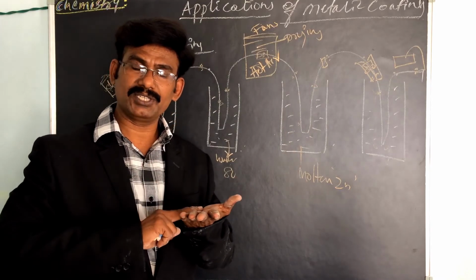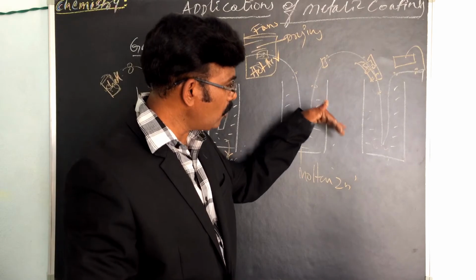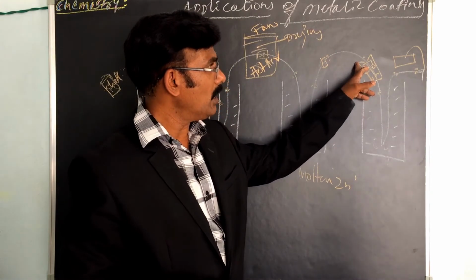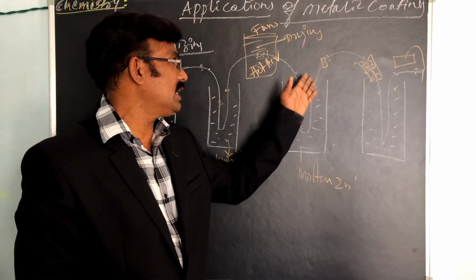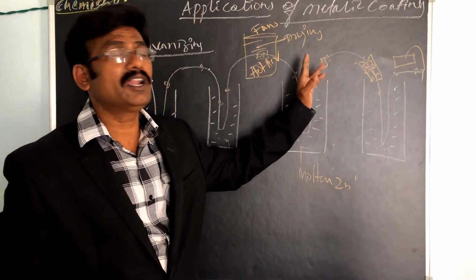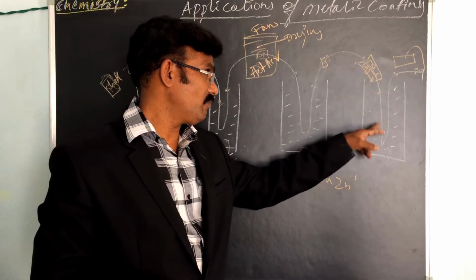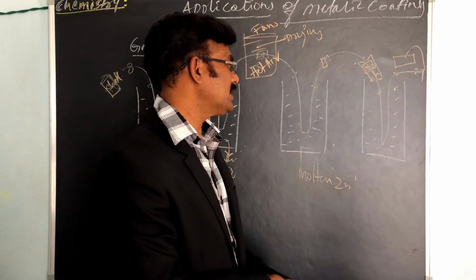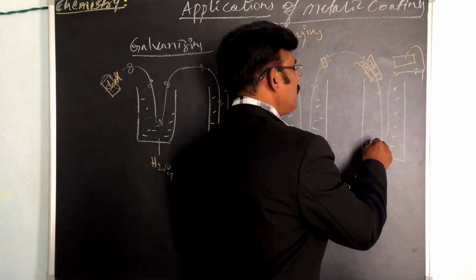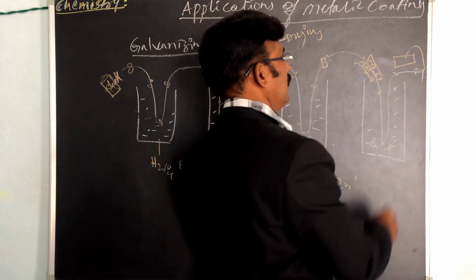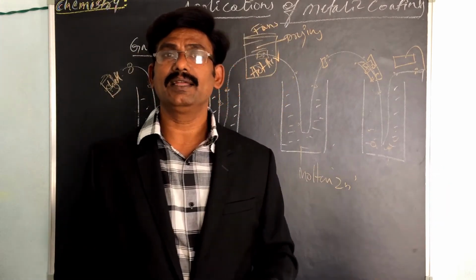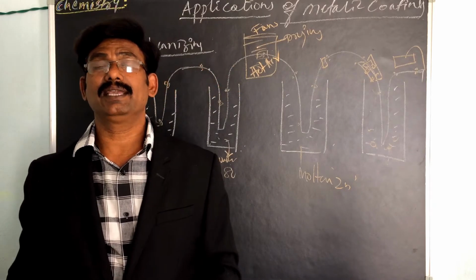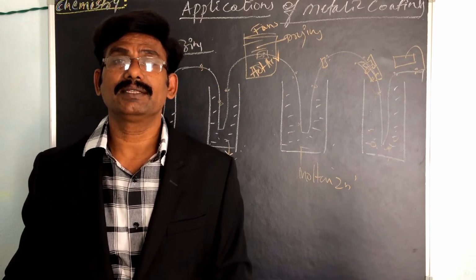The coating is finished. Then it moves through rollers, which crush out the excess zinc attached to the sheet, and a very clean plain sheet comes outside. This is about the galvanizing.